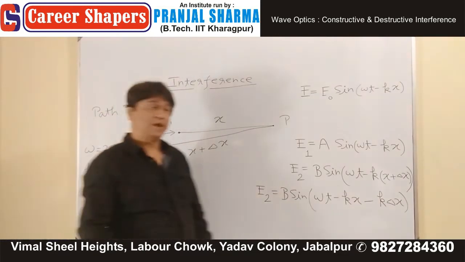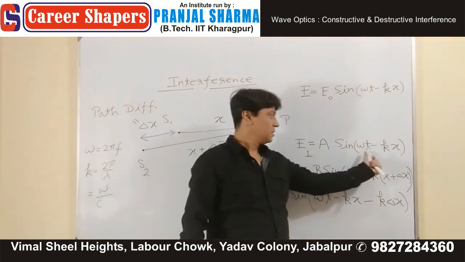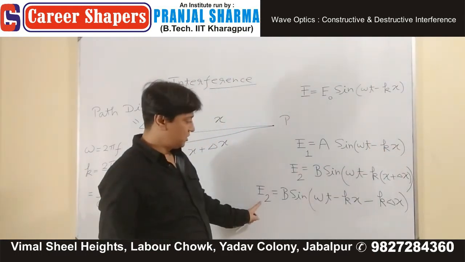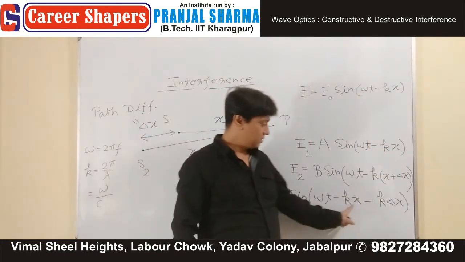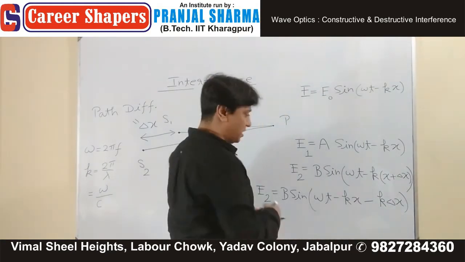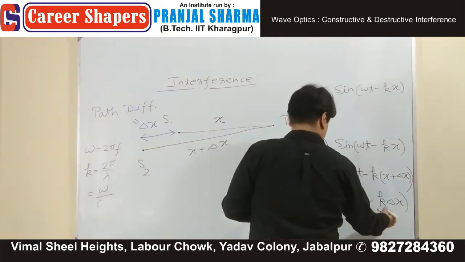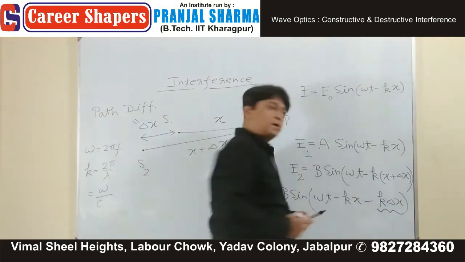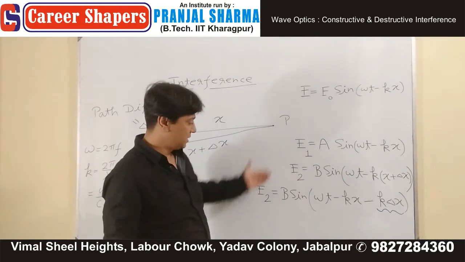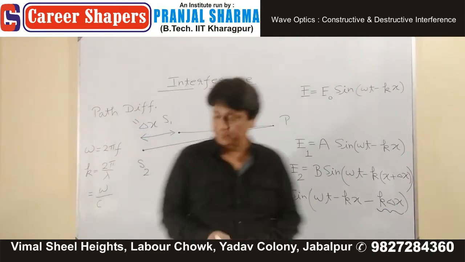Now what is the phase of E1? Omega t minus kx. And what is the phase of E2? Omega t minus kx minus k delta x. So this part is basically the phase difference between E1 and E2.